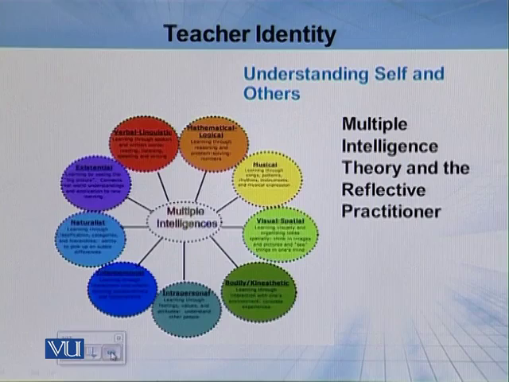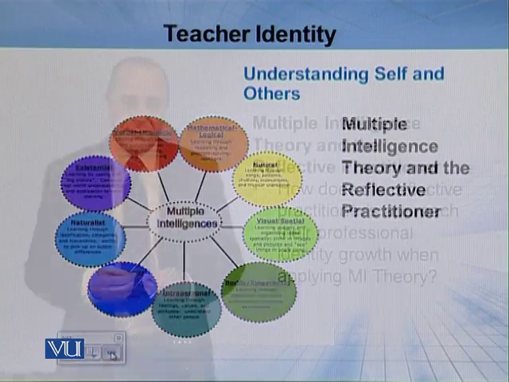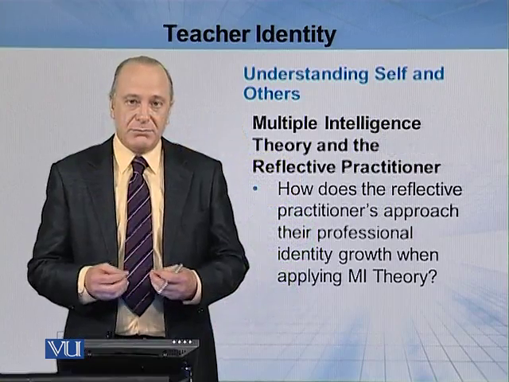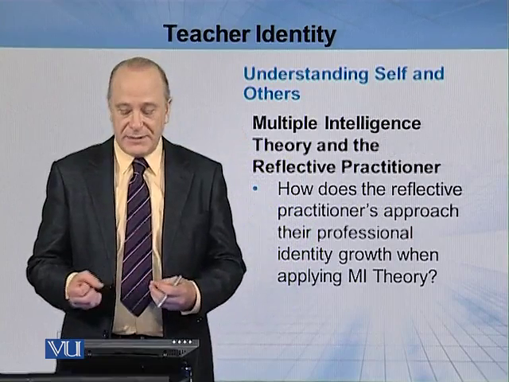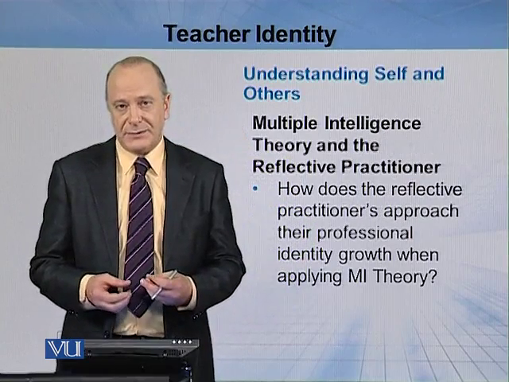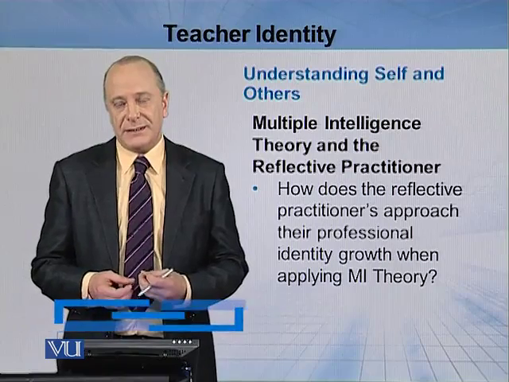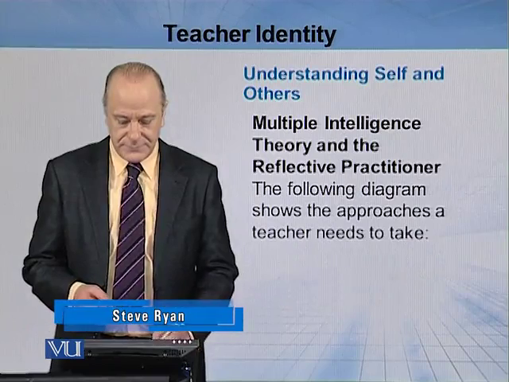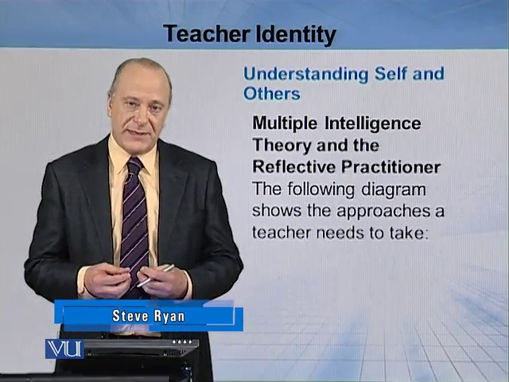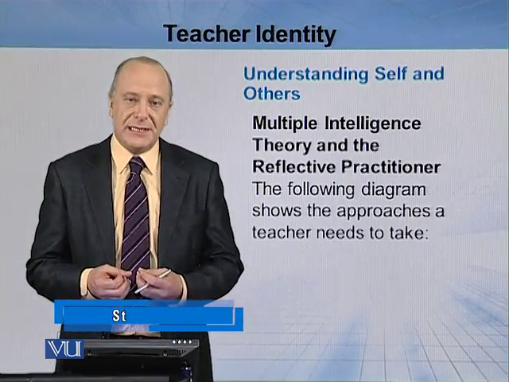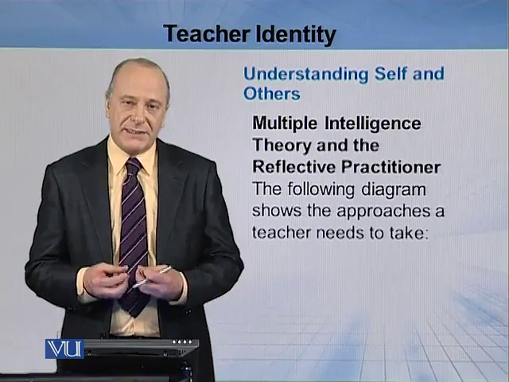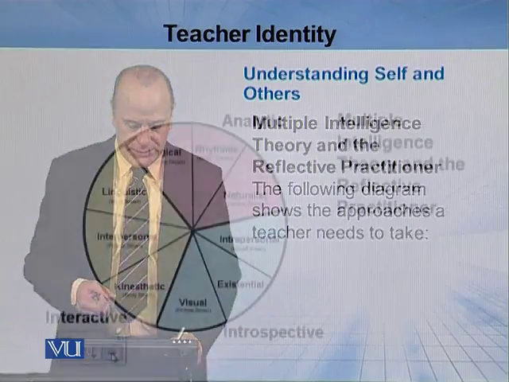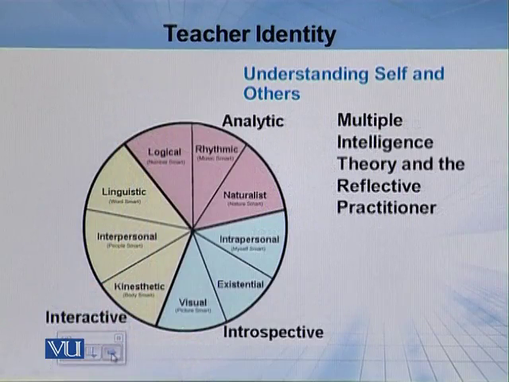What we need to do is consider each of these multiple intelligences in a little bit more detail and how they are translated into reflection for the reflective practitioner. So what we can do is actually look at the 9 intelligences from the reflective practice point of view, and we can also diagram this for ourselves as well.